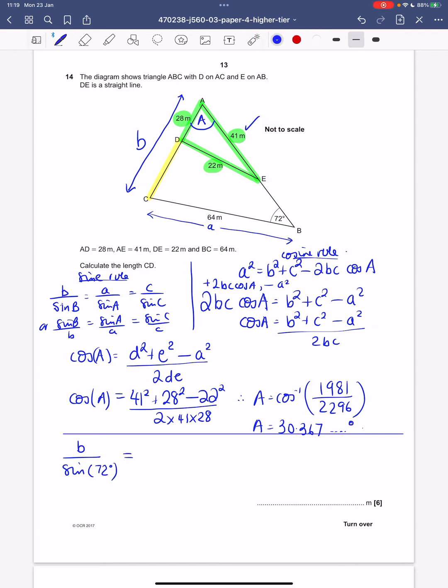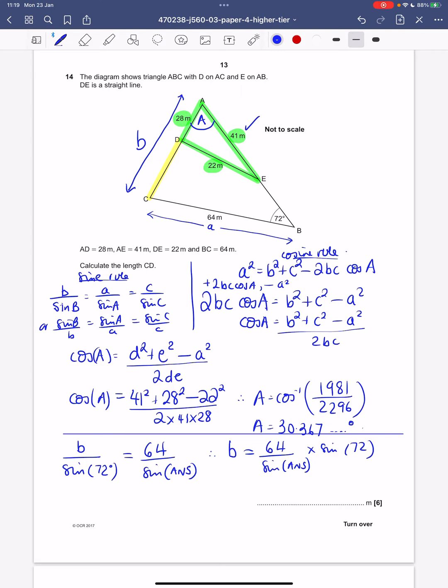And then a over sine A, so it's going to be 64 over sine, and I'm going to keep my answer accurate, so I'll use the answer button on the calculator. So therefore b is going to be 64 divided by sine answer times sine 72.